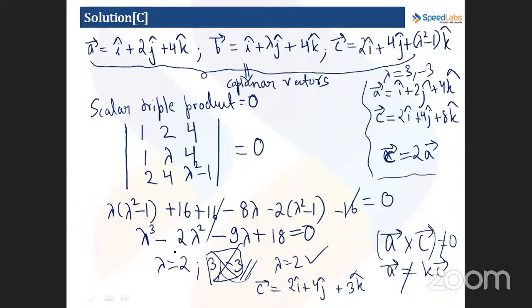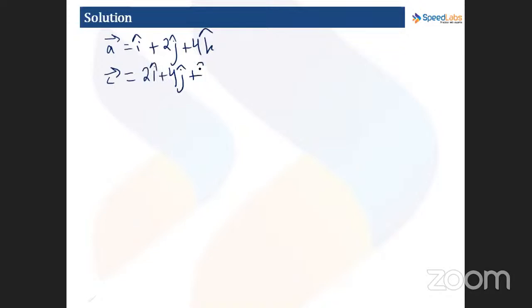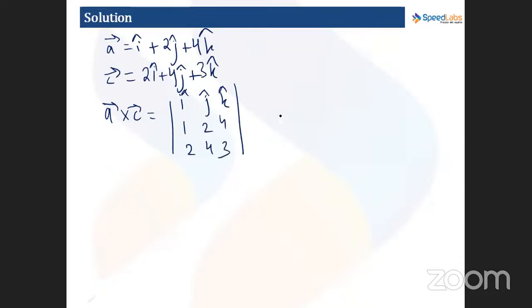Now I just want to simply find out the cross product of A and C. A was i cap plus 2j cap plus 4k cap, and C was 2i cap plus 4j cap plus 3k cap. So what will be A cross C? A cross C will be the determinant with i, j, k, then 1, 2, 4 and 2, 4, 3.